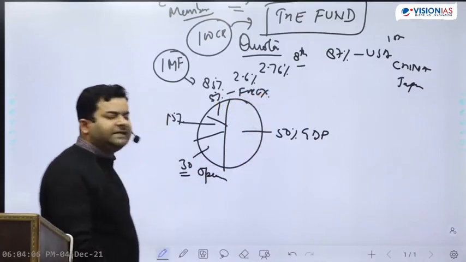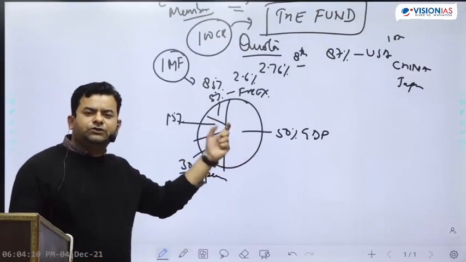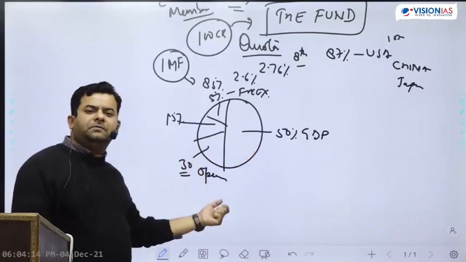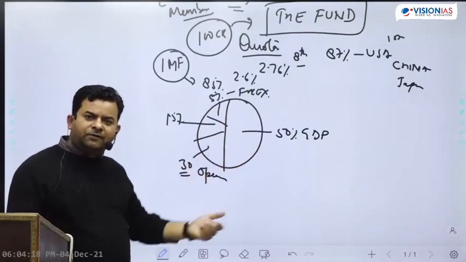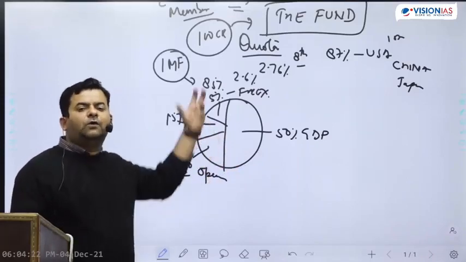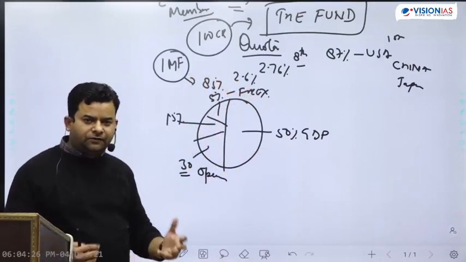So not a surprise, number one we have US, because US GDP is almost 22 trillion. Second is China, and China's GDP is also very high. So as our GDP is increasing, when we become say 5 trillion, automatically our quota will increase in IMF. That's how it is.